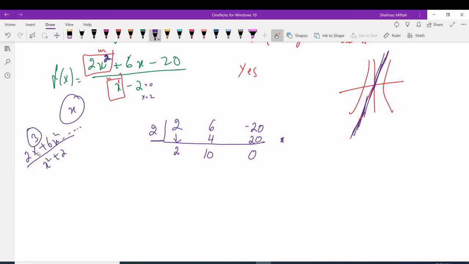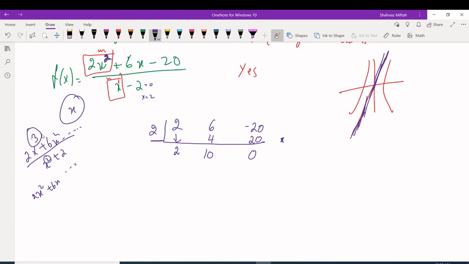So if I have degree 3 on top and degree 2 on the bottom, m is greater than n by exactly 1, then it means we have an oblique asymptote. And for the answer from synthetic division, I'm supposed to have an x squared term because it goes 1 down. Like I should have 2x squared plus 6x something.